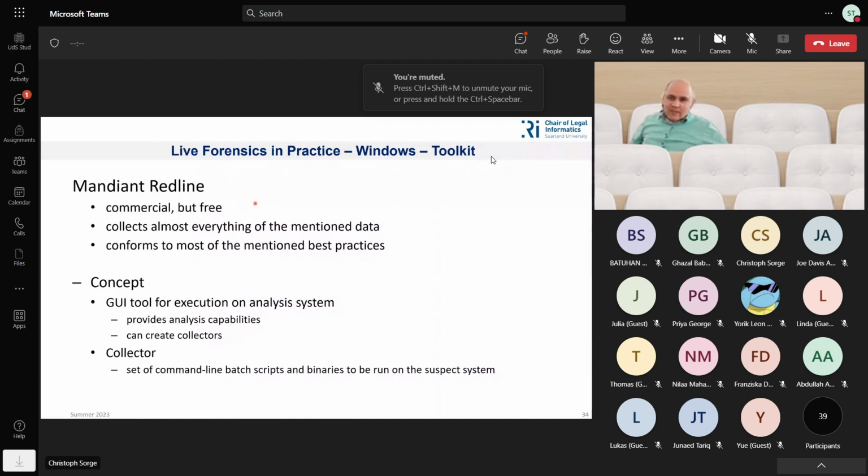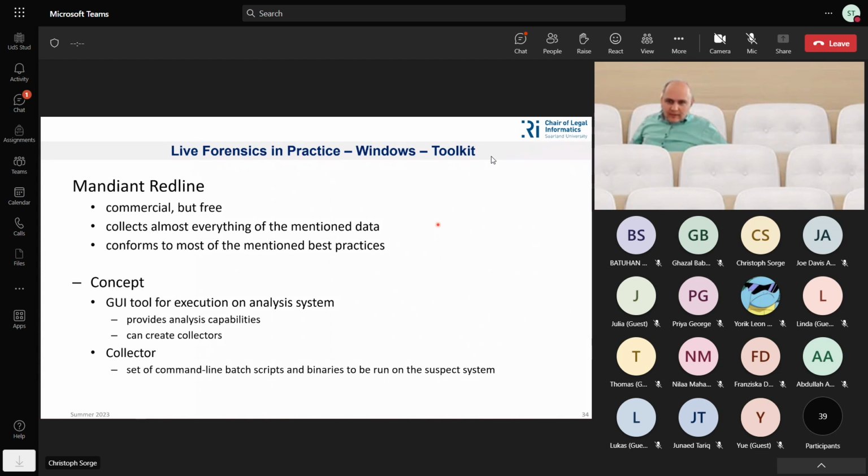Just to mention quickly, Mandiant Redline is a common commercial tool, but free for personal use, that contains tools for what we discussed before, to collect the data that we mentioned before.